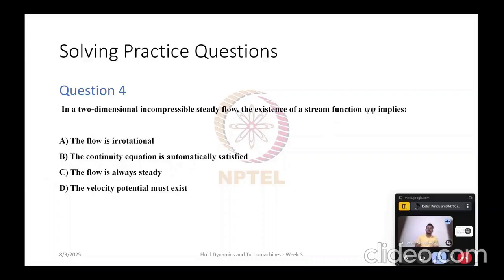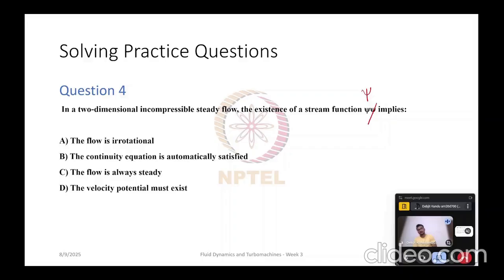We will move on to question number 4, which is asking us that in a two-dimensional incompressible steady flow, the existence of a stream function psi, just a single psi over here, implies what?